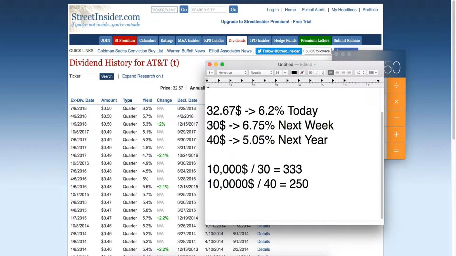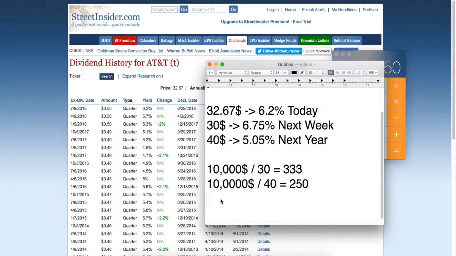Now this costs 40, so the value is more. The actual value of the stock is $40 now. It's more expensive, but when you got it, you got 250 stocks. That's next year, right? So not next week. Next week we said it's like 30.